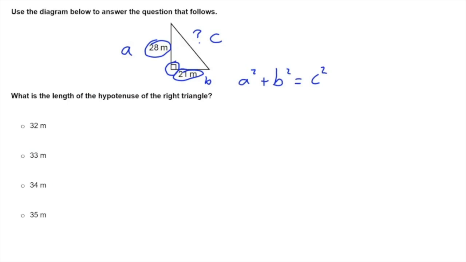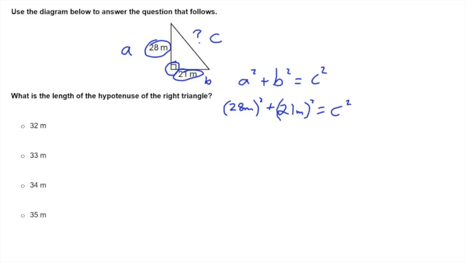So we have A, that's 28 meters, and we'll square that, plus, and we have our base, which is 21 meters squared, equals C squared. That's our hypotenuse, and that's what we're looking for.